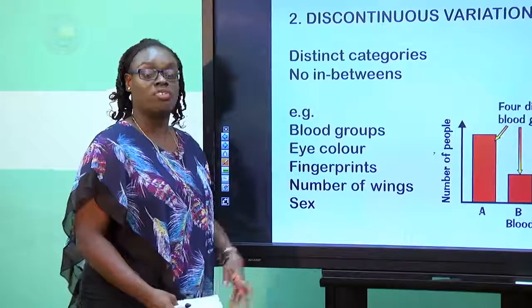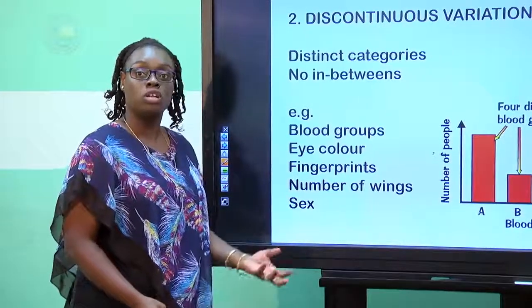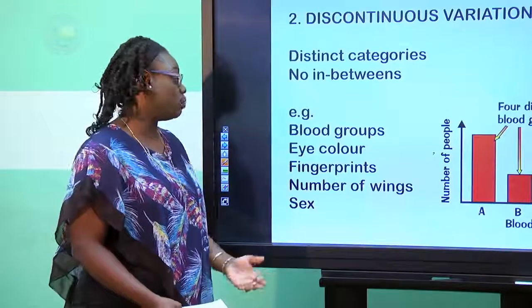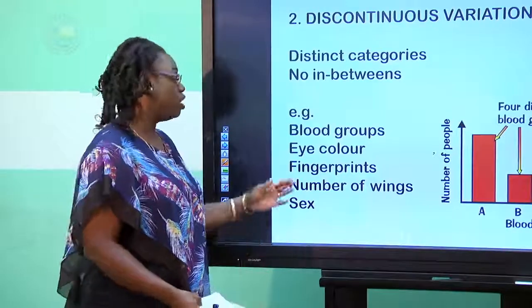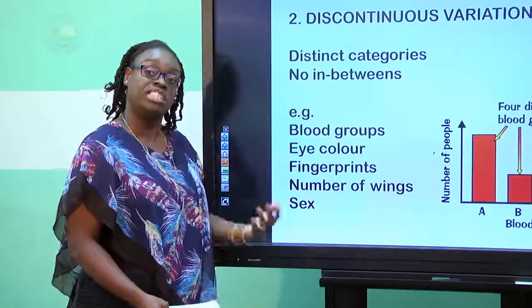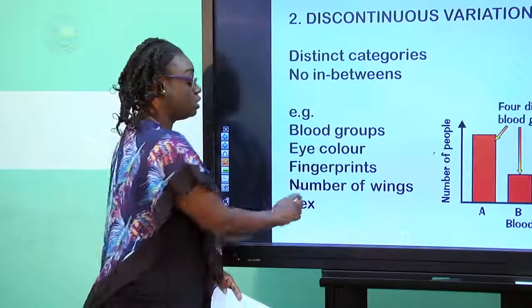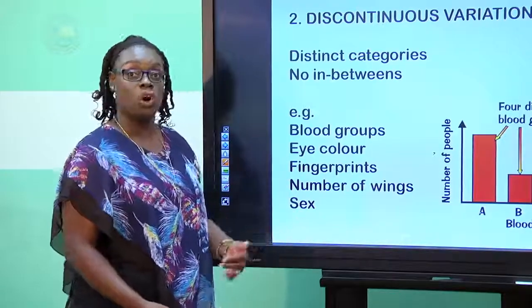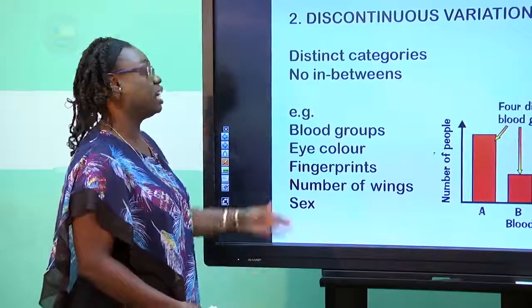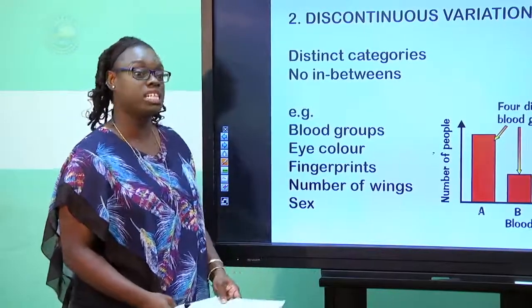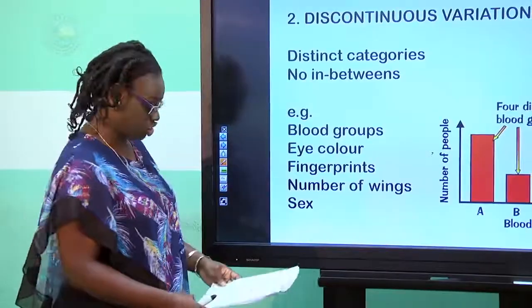Fingerprints. You can have an arch fingerprint or whirlpool fingerprint, for example, and no in-betweens. Number of wings. An insect can have 6 wings. Some other organisms may have 4 wings. And sex. You are either female or male. There are no ranges and very distinct categories in discontinuous variation.